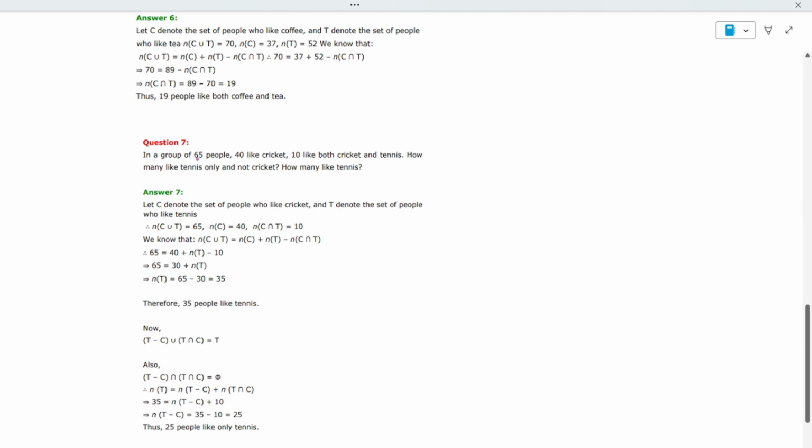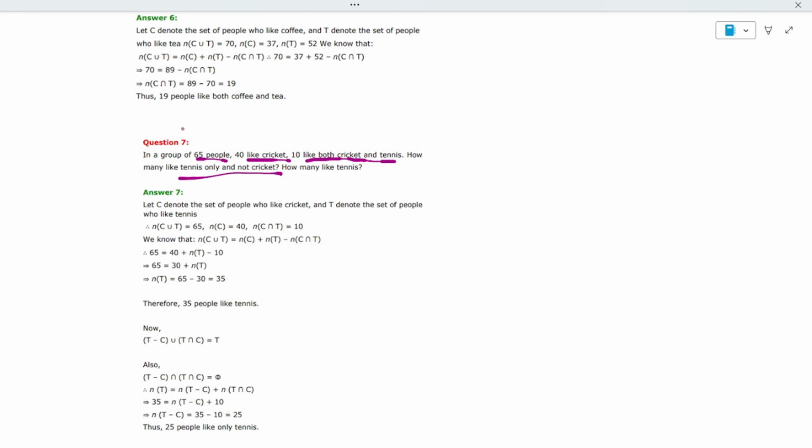Now let's discuss the seventh question. In a group of 65, it is the union. 40 like cricket, consider it as one set. 10 like both cricket and tennis, they have given the intersection value. You have to find how many like tennis only, not cricket. See here, this is a slightly different question.